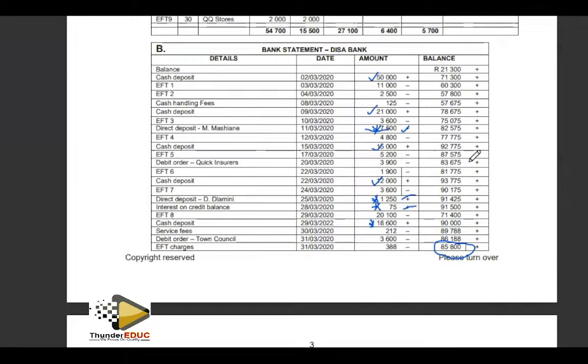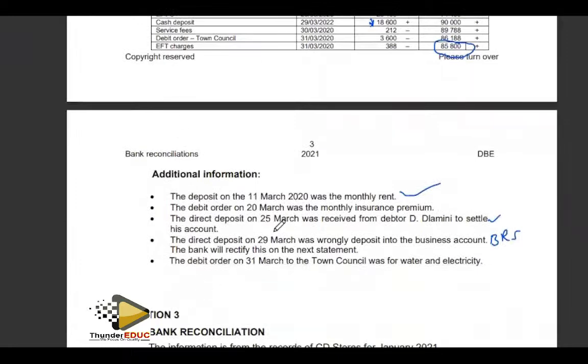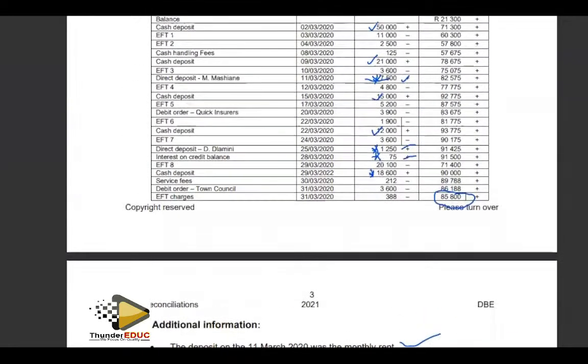If we check the additional information, it was on the 29th of March. They said that the direct deposit on 29th March was wrongly deposited into the business account. So we shall deal with it on its own line where it's supposed to be.